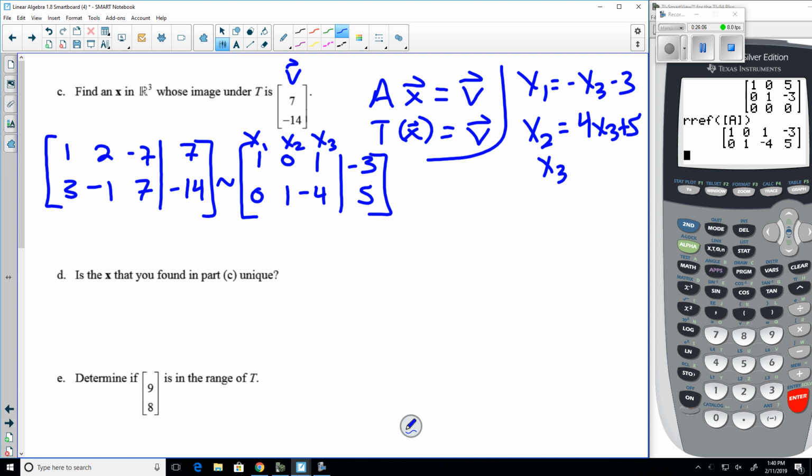And x3 is whatever we want it to be. It's free. It says find an x. So all we have to do is come up with one solution out of this. So we can let x3 be 0, and that would give us negative 3, 5, 0. Right, would be one of the solutions.